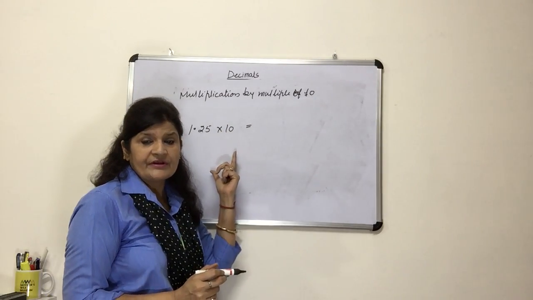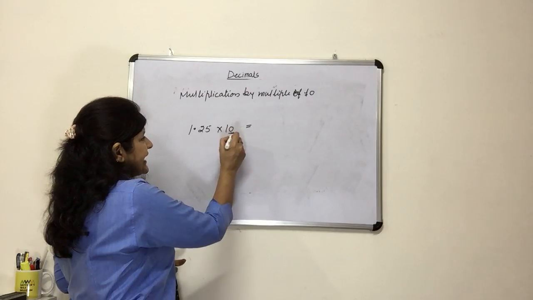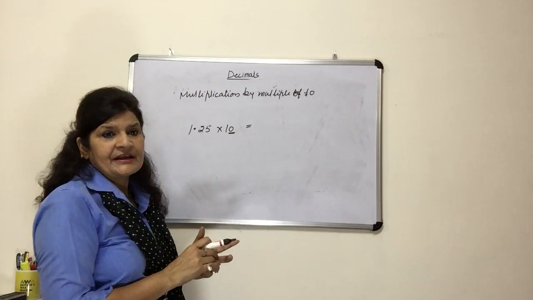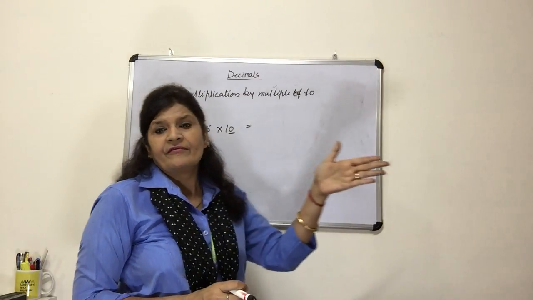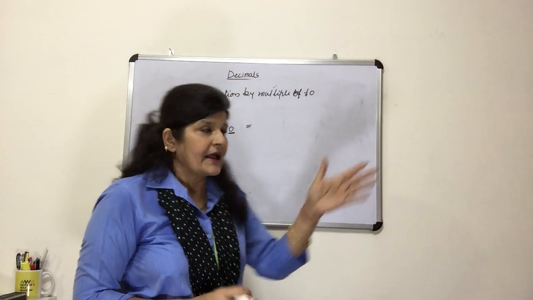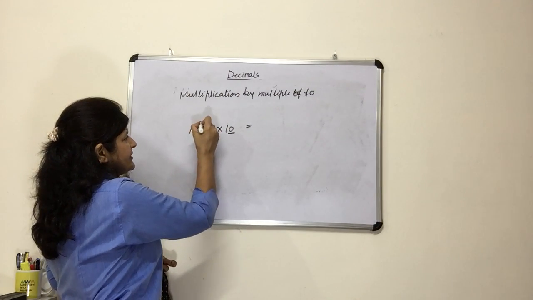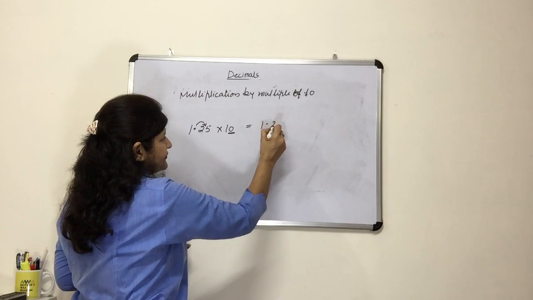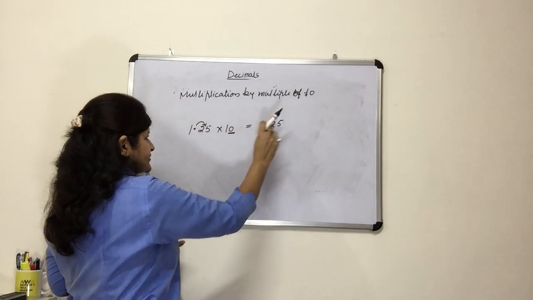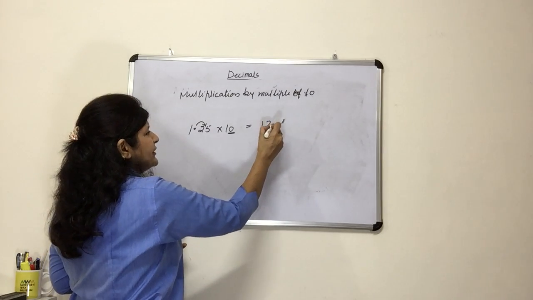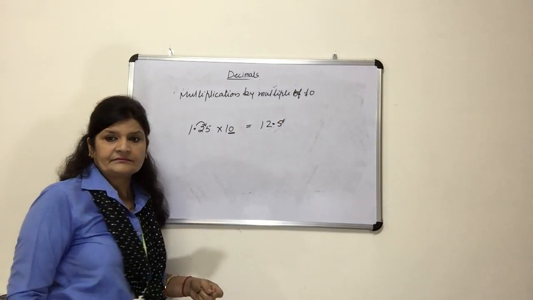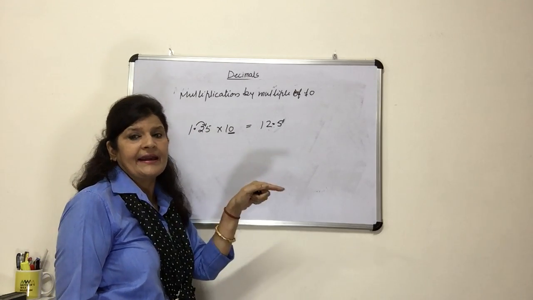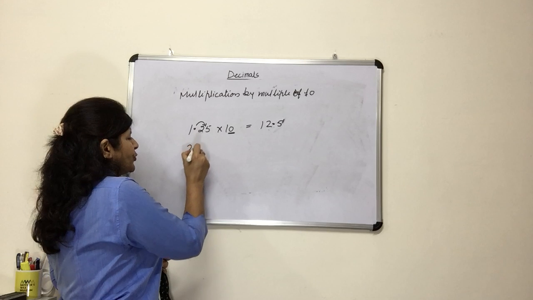I'll show you how we can do this. So this 10 means 1, 0. The shortcut method I am telling you: whenever there is a multiplication, the decimal will move forward. So with 10, 1, 0, it will move one place. The answer will be 1.25. No, this is not the answer. The answer will be 12.5. The decimal will move from this place to this place, one step ahead. Right?